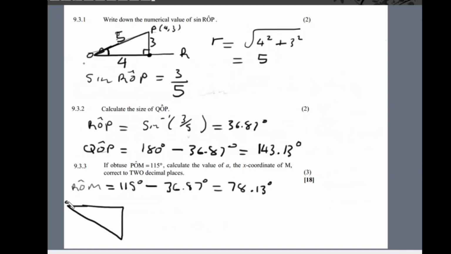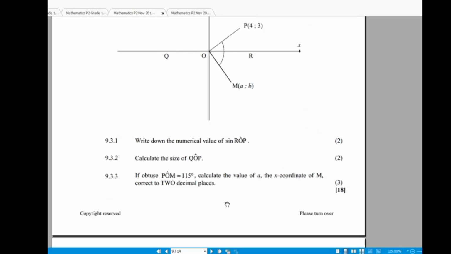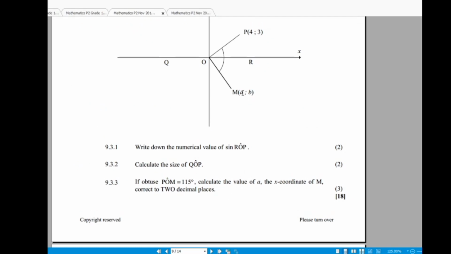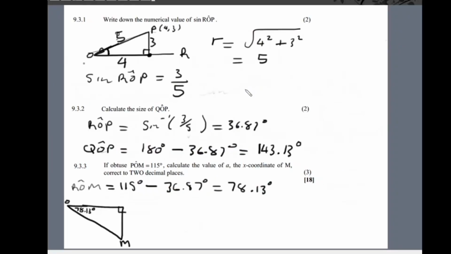So here we will have O and our 78.13 degrees, and then here we will have M, right? So looking at the coordinates of M, the x coordinate is A, which is what we want to calculate.